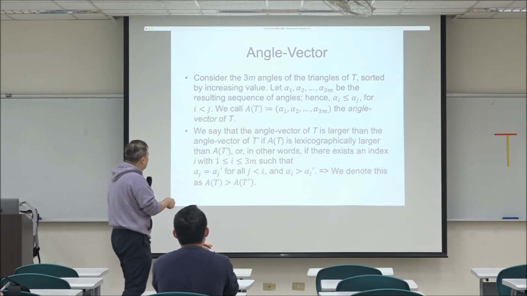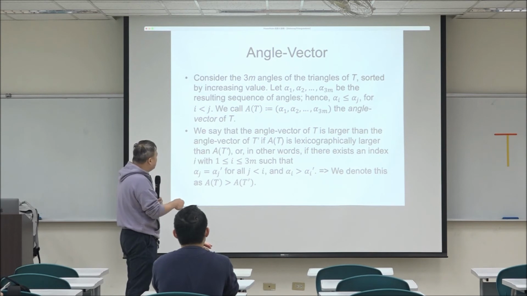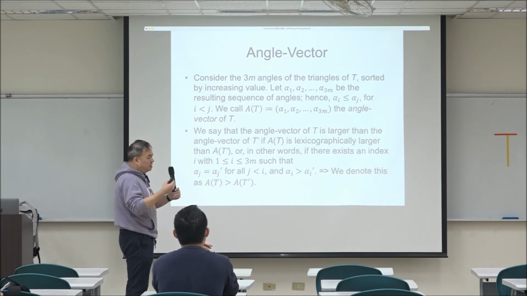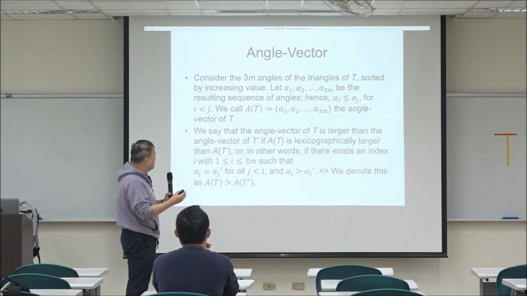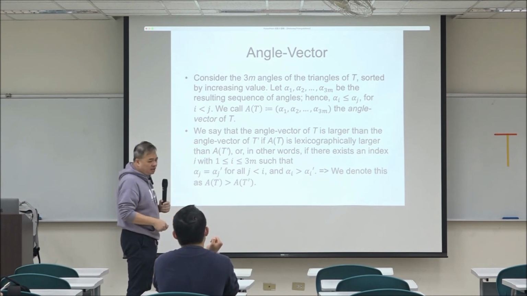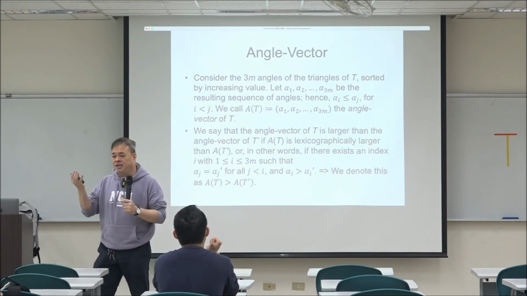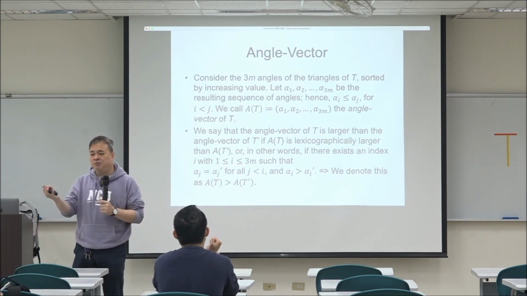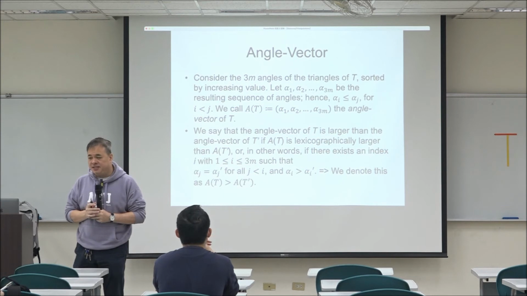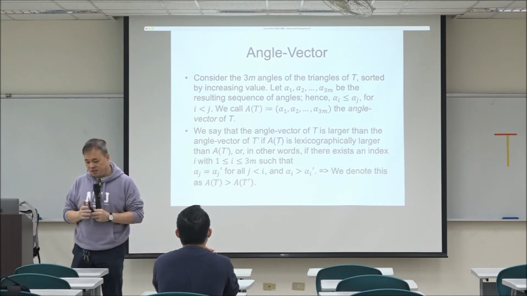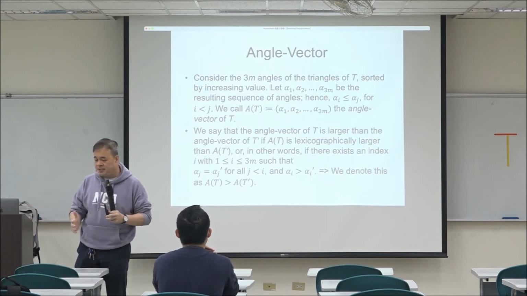We need to define a large and small comparison relationship between different angle vectors. Say you have 2 different triangulations, one is T, one is T prime. Each one will give you an angle vector, obviously, right?